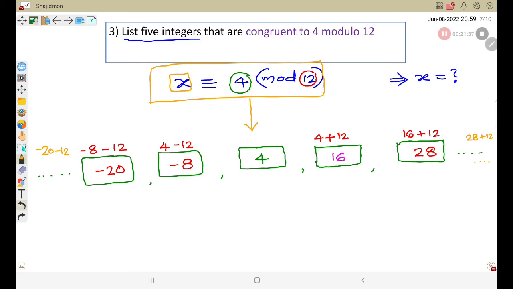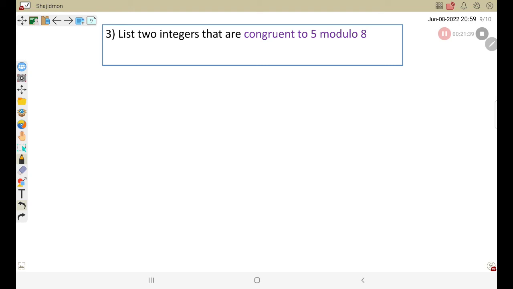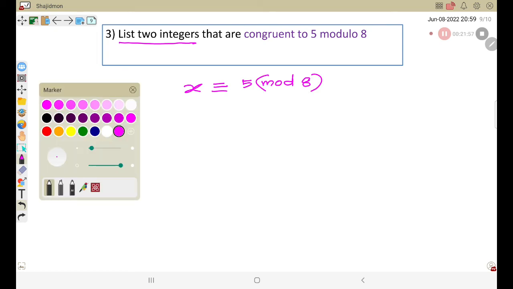Okay, now with the same model, we can do one more question. List 2 integers. We need to write only 2 numbers that are congruent to 5 modulo 8. That means x congruent to 5 modulo 8. What are the numbers? We can choose x numbers. We need to write 2 numbers here.